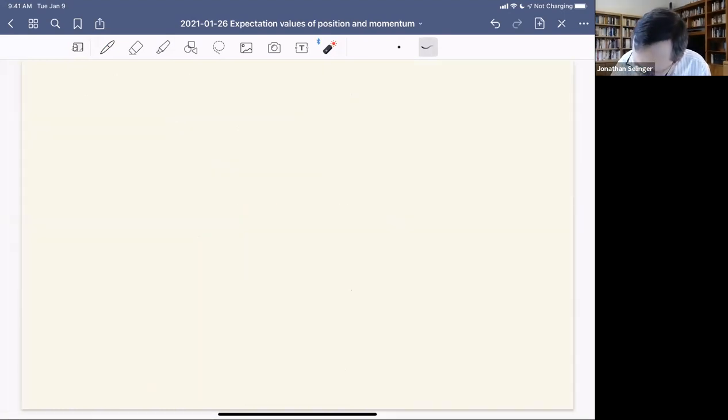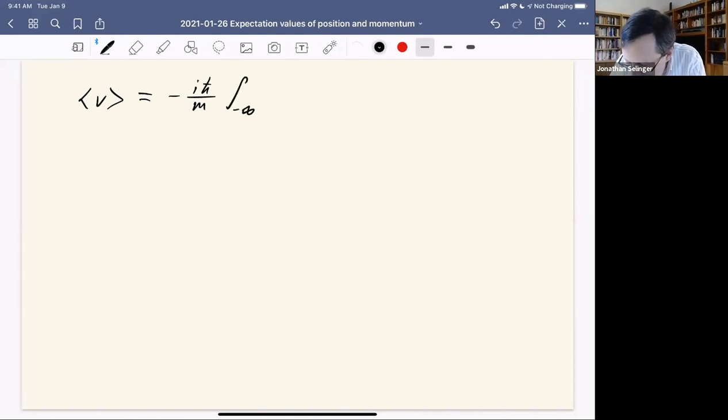So our conclusion is that the average velocity is equal to negative i h bar over m times an integral of psi star times d psi dx integrated over x.